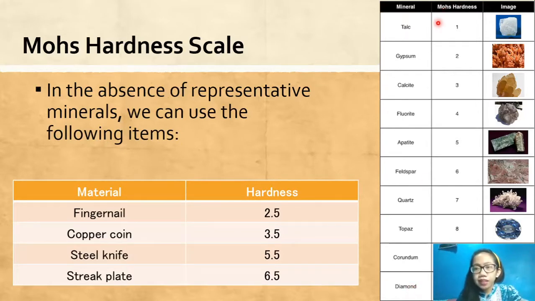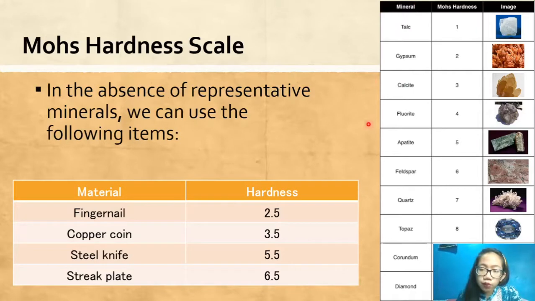Again, the way we measure the Mohs hardness scale is by a mineral's ability to scratch other minerals. For example, if I take apatite, number 5, I am sure that it will scratch any of these objects because apatite is harder than fluorite, calcite, gypsum, and so forth.